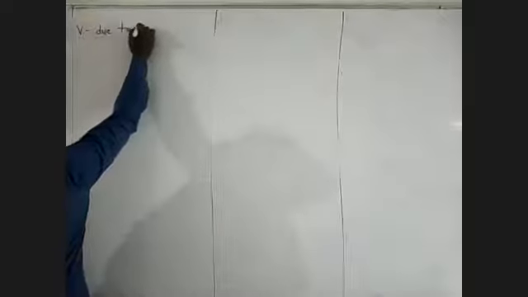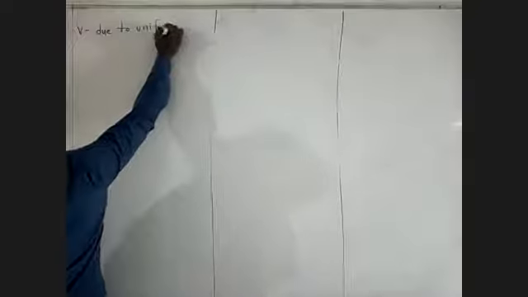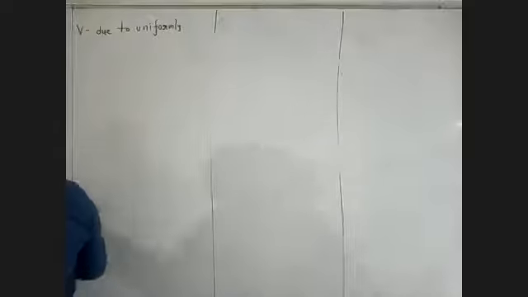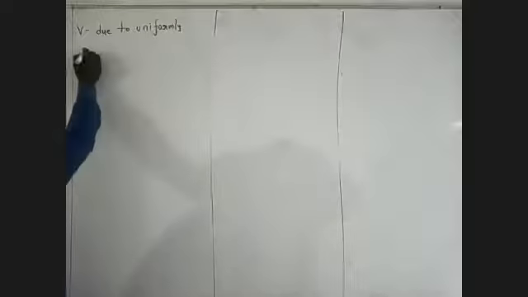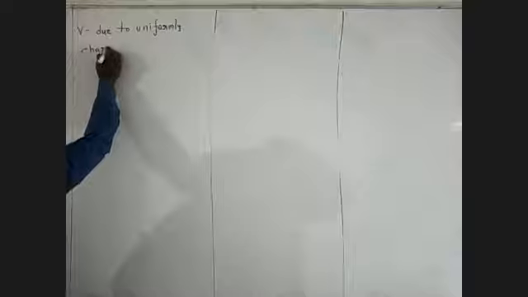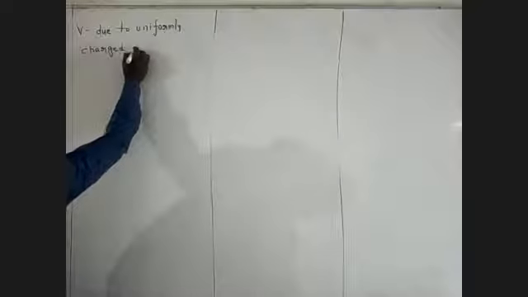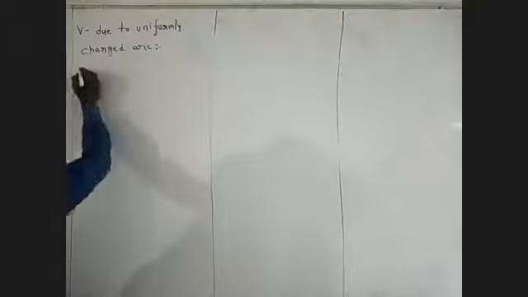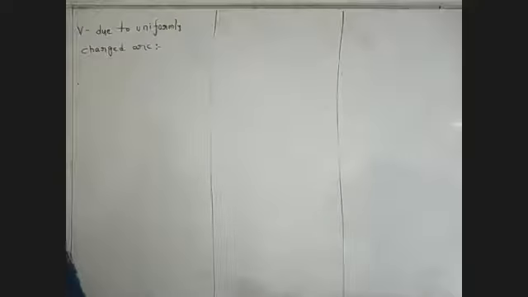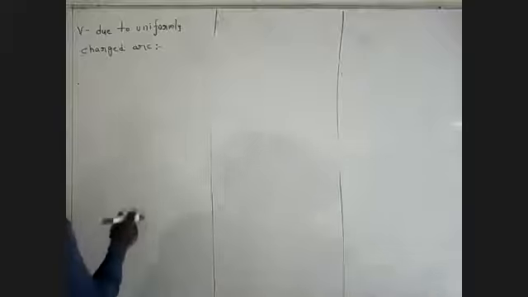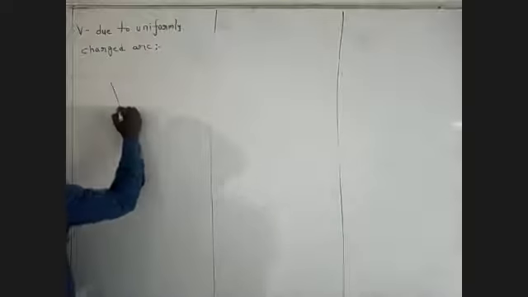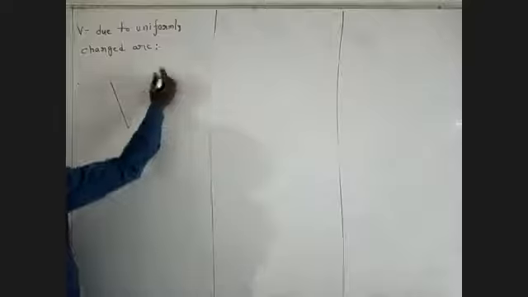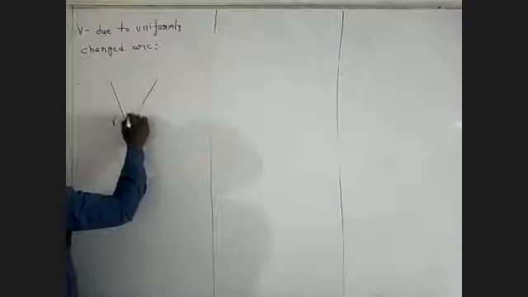Electric potential V due to a uniformly charged arc. So this is a radius R, this is angle theta.